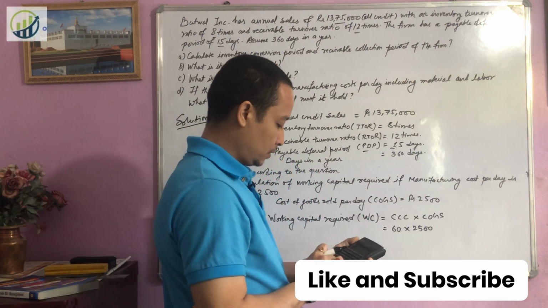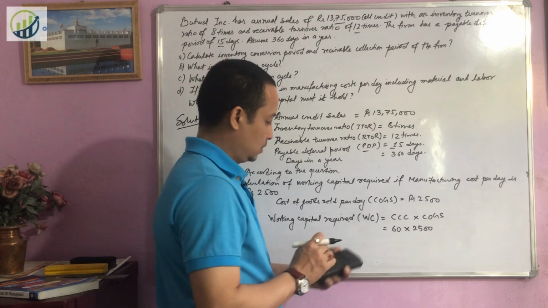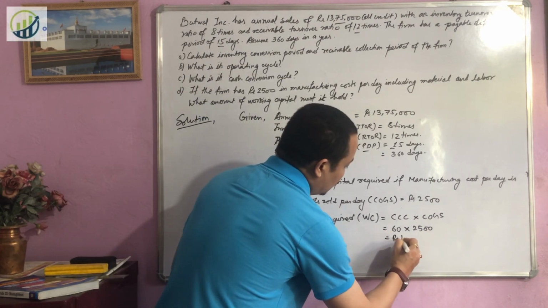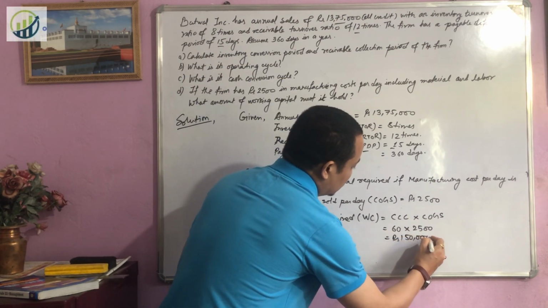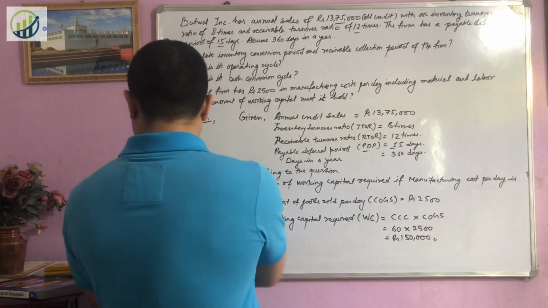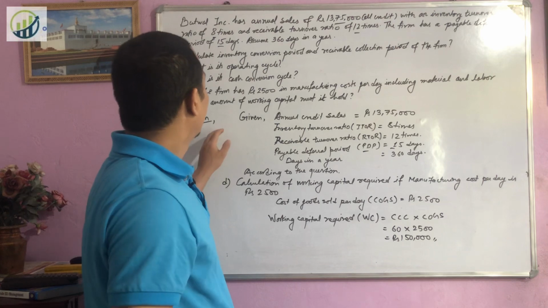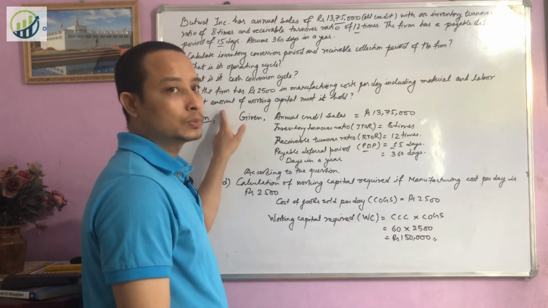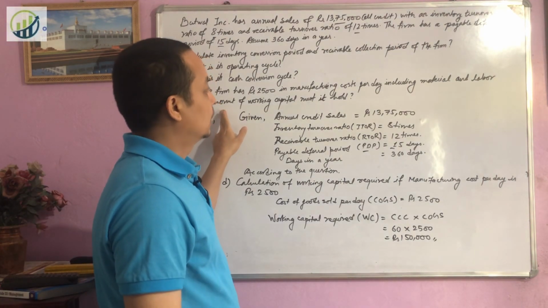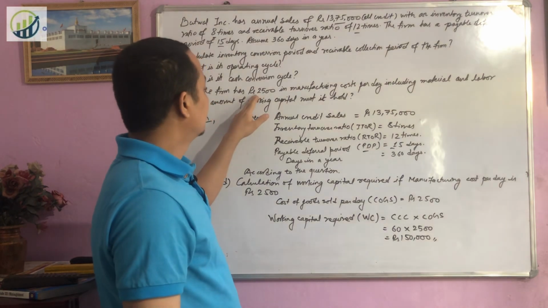So here it will be rupees 1,50,000. So this is the working capital required for the Button Incorporation company, if the manufacturing cost per day is rupees 2,500.